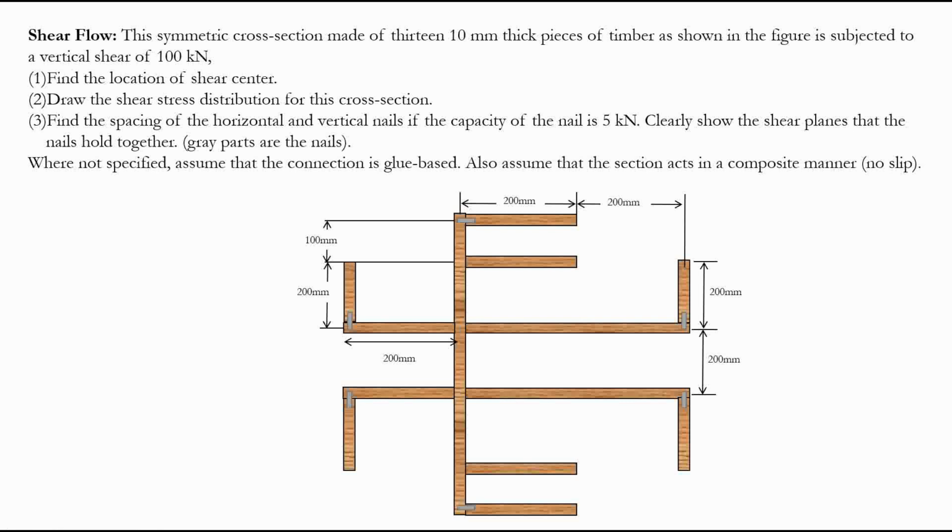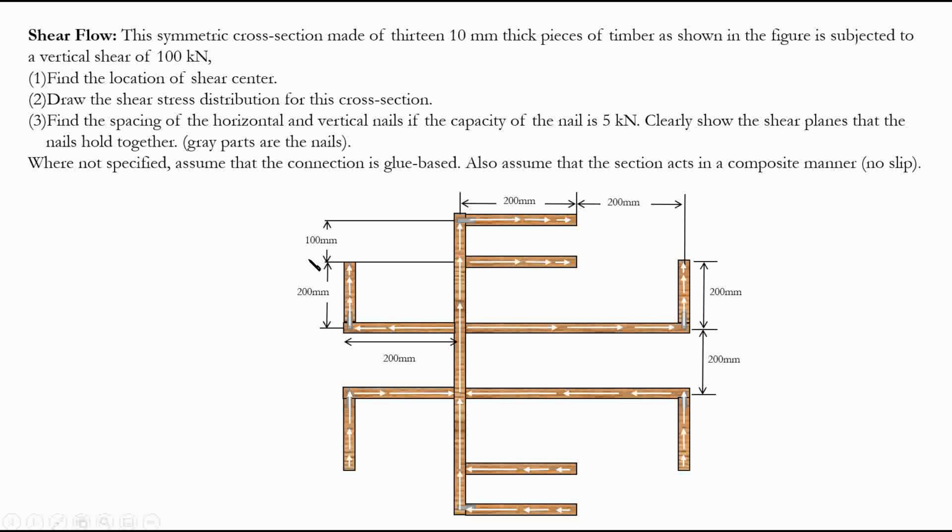So from the bottom, the shear flow starts, and from the flange, the shear is distributed and gathered to the neutral axis and then redistributed back to the flange from the bottom to top. And why is it from the bottom to top? Basically because we assume that our shear is applied in the direction of gravity.